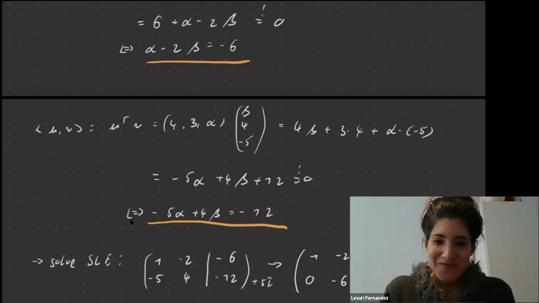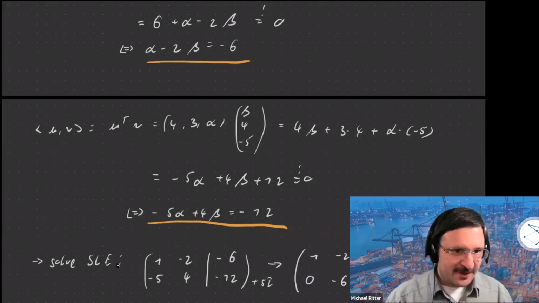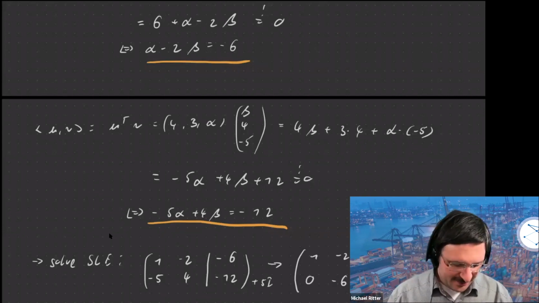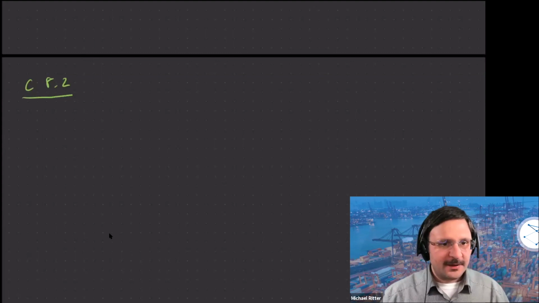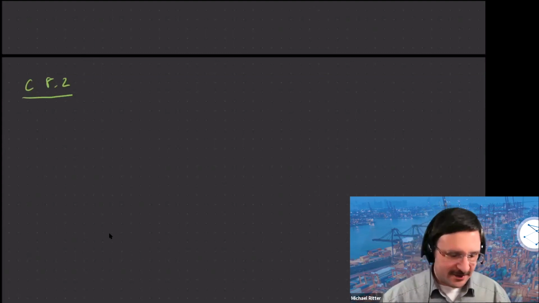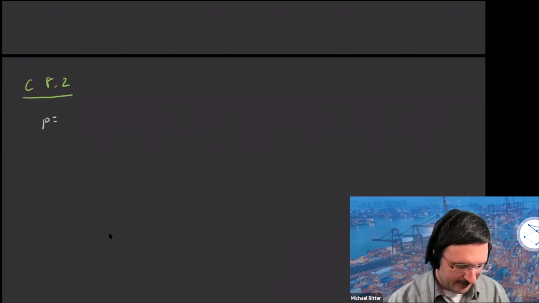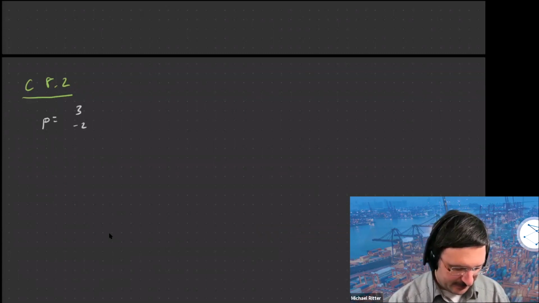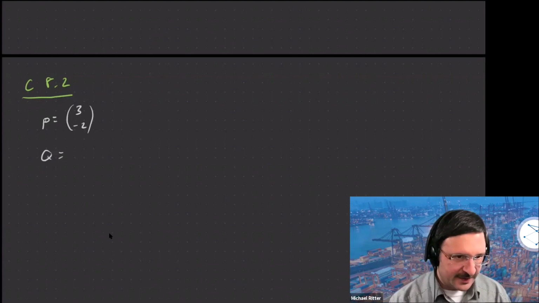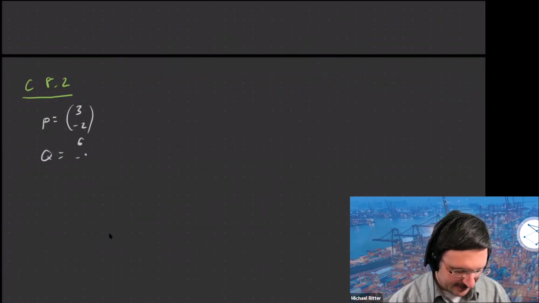No more questions. Good. So then let's move on to something a little more challenging, maybe. Problem CH2. Here we have two points, P and Q. I'll write down the coordinates. P is given as the point (3, -2). Q is given as the point (6, -3).